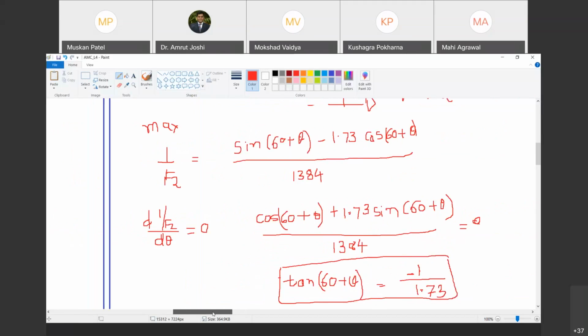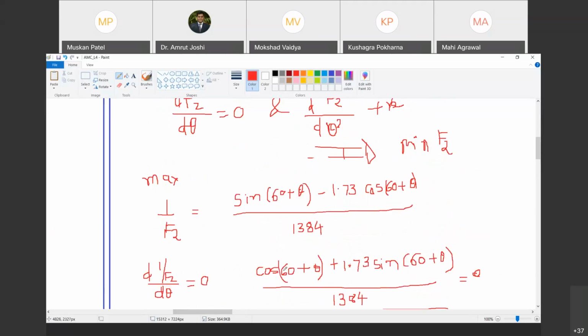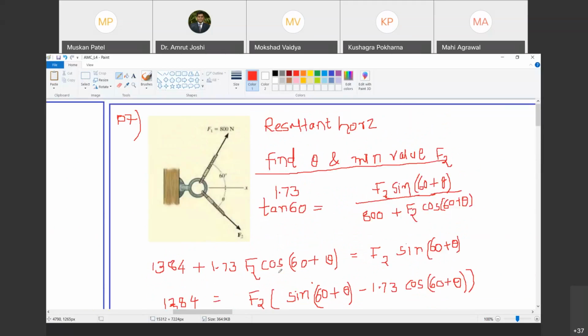So minus 30.09. Yes, minus. So what is theta? Tell me. Minus 30.09. Do you agree with me? Is it correct? So theta... Yes, sir. Is it right? No, sir.